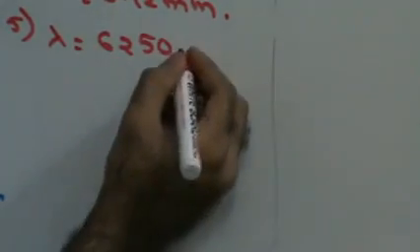Light of wavelength 6250 Armstrong units is incident on a narrow slit.